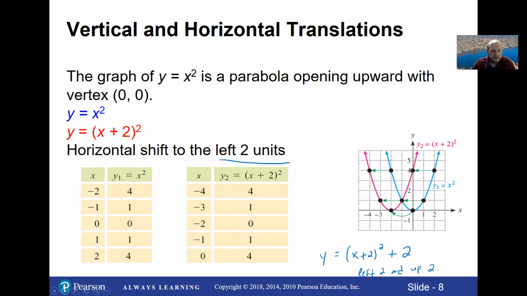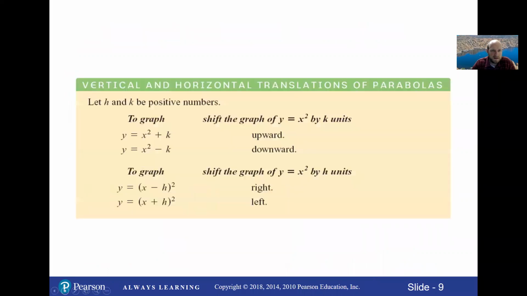We'll keep talking about vertical and horizontal translations. To summarize, these graphs use h and k to represent the shifts. If you have x squared plus k, it's an upward shift.